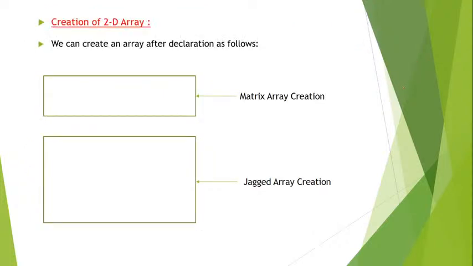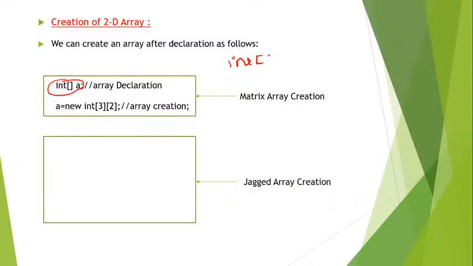Now, how can we create a multi-dimensional array? This is the way of declaration. You can declare int with square brackets and later a. When we want to create it, whatever we have declared we have to create later. Right now this one is empty.